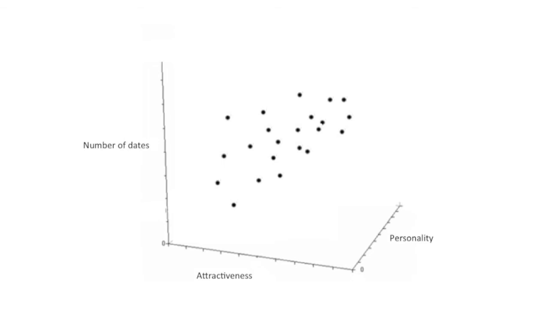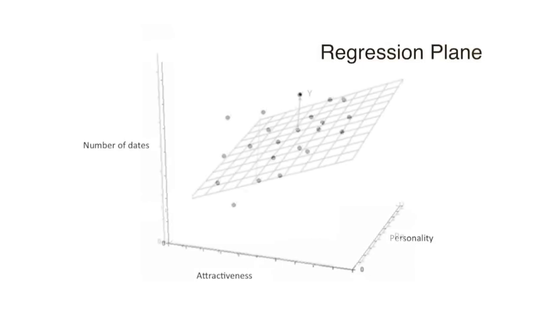Now if you take your mind back to bivariate regression, a line of best fit was done that best fits all the data points. This was a two-dimensional line of best fit, and it was drawn through a process called ordinary least squares. Well, now because we have three variables, one of them is the criterion and the other two are predictors, we have a three-dimensional graph, and the best fit of this data is now not a regression line but a regression plane.